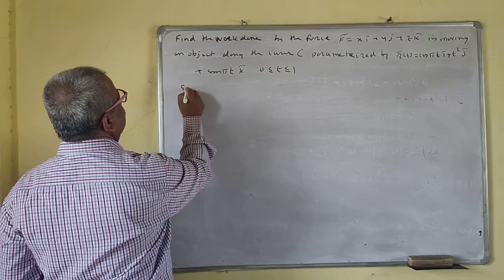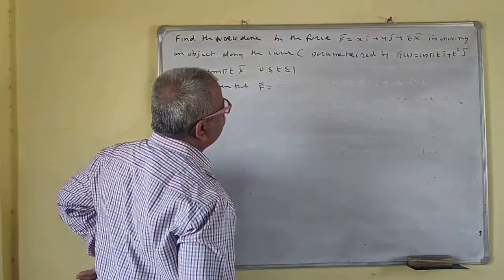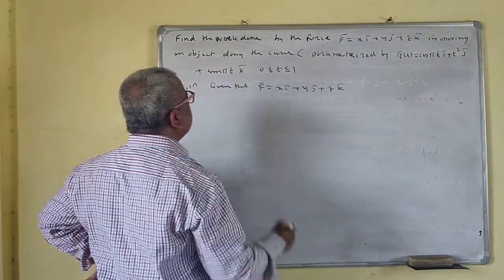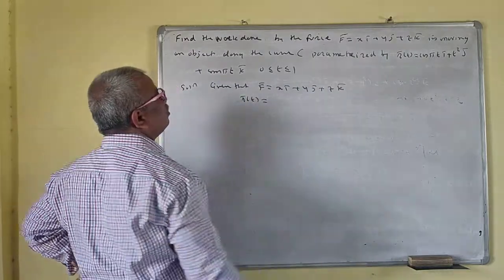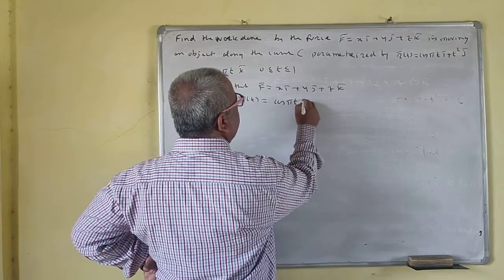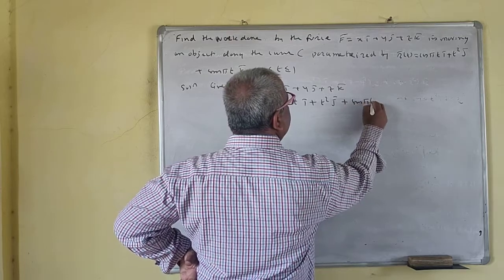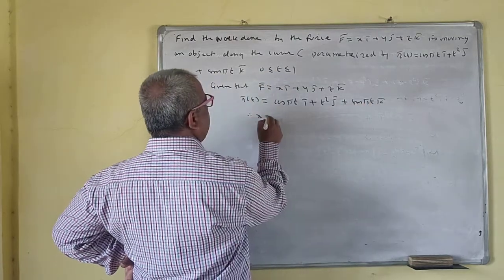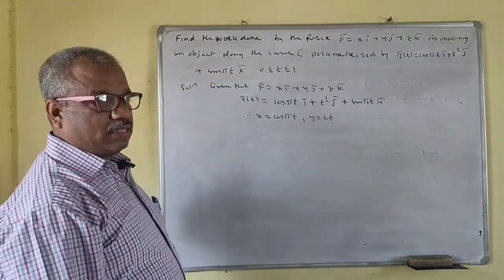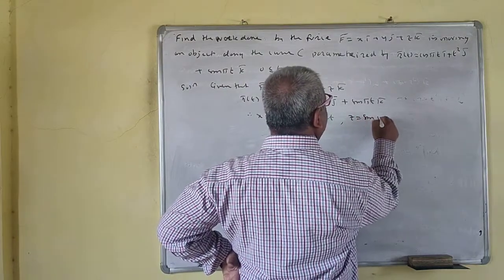Okay, solution. Given that F bar is equal to x i bar plus y j bar plus z k bar, and r bar of t is equal to cos pi t i bar plus t square j bar plus sin pi t k bar. Therefore x is equal to cos pi t, y is equal to 2t, z is equal to sin pi t.